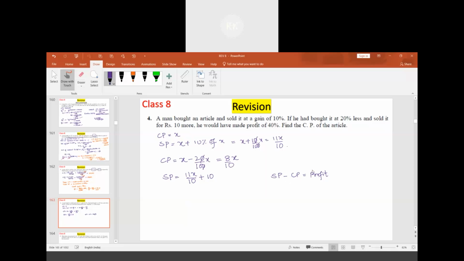Profit percentage, when it is known, how to find the profit? Profit percentage is profit by cost price into 100.